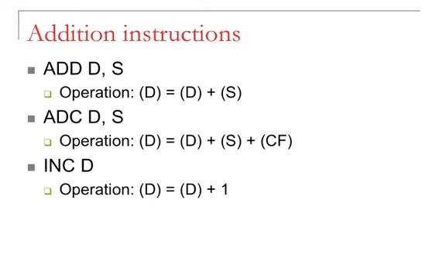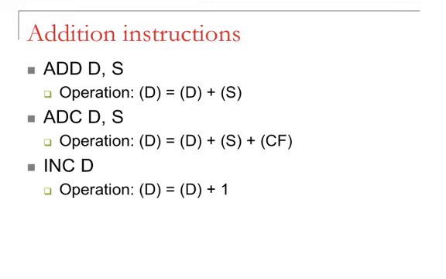Addition instructions. ADD, add, destination, comma, source. The operation is simple. We're going to add these 2 numbers, put the result into destination operand. ADC is slightly different from ADD. In this case, we not only add destination and source, we're also going to add this carry bit, the carry flag, CF.